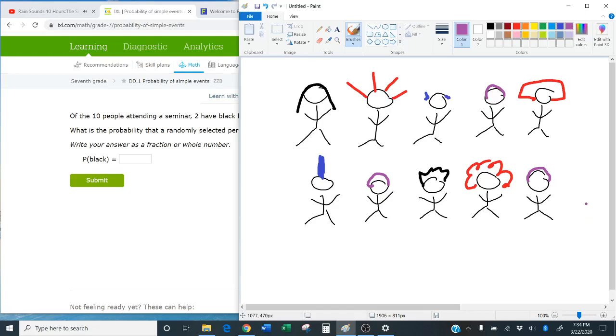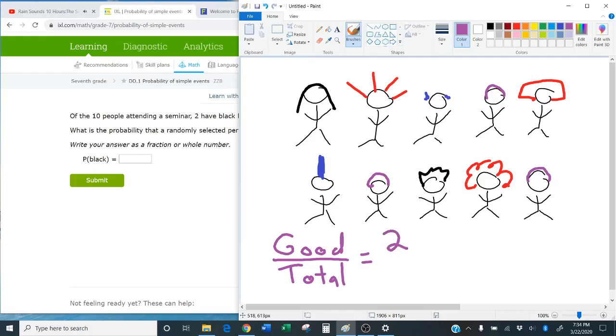So what we need to do is remember our fraction for finding a probability, good over total. So what do we consider to be good? In this problem, we consider black hair to be good. There are 2 people with black hair out of a total of 10 people. So that is our probability, 2 over 10.